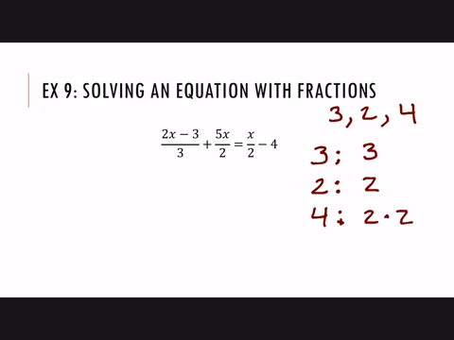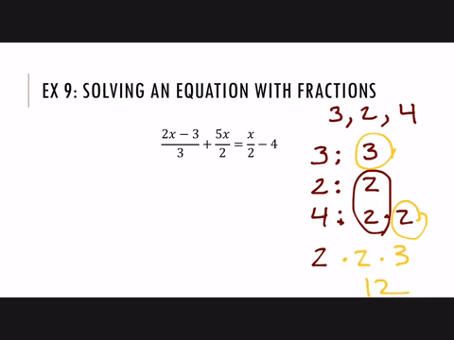If there's anything that either 2 of these numbers or all 3 of them have in common, we just use that once. So we have these two 2's, so use a 2. And then we just throw in all of the leftovers. So we've got this one and this one. And multiply everything, and that equals 12.